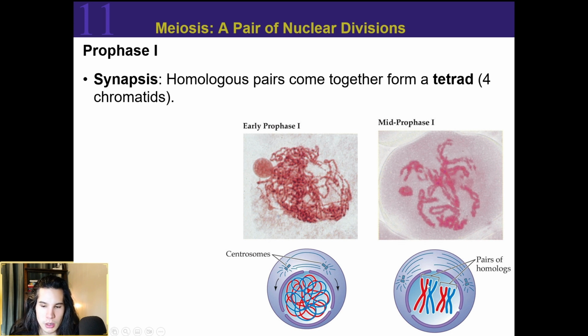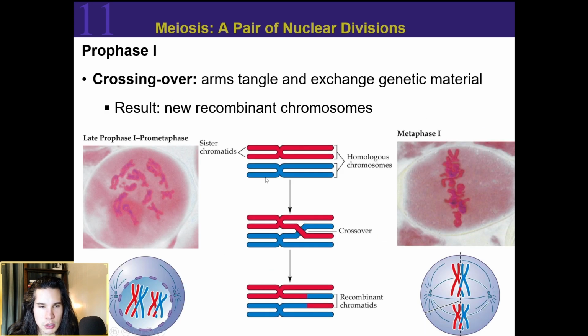You have one lobe, two lobes in this chromosome, one lobe, two lobes in this chromosome, and when two of those bilobed chromosomes come together, you get 1, 2, 3, 4 lobes. So you form tetrads. Again, your nuclear envelope dissolves, chromosomes condense, and the first thing that happens is synapsis, which brings your homologous pairs together to form a tetrad.